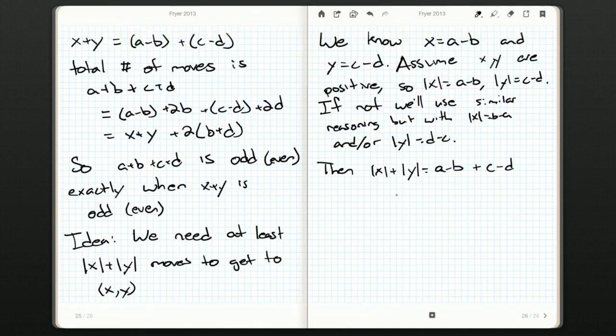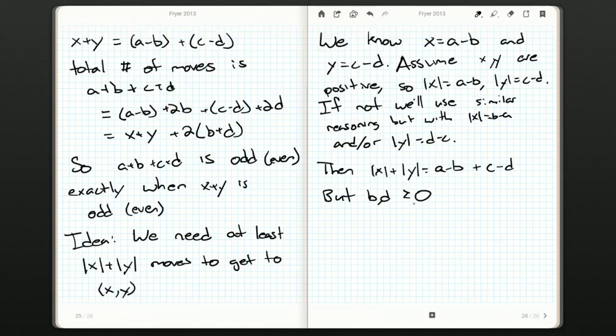So then the absolute value of x plus the absolute value of y is a minus b plus c minus d. But b and d can't be negative.